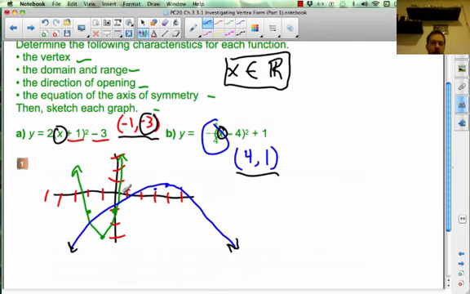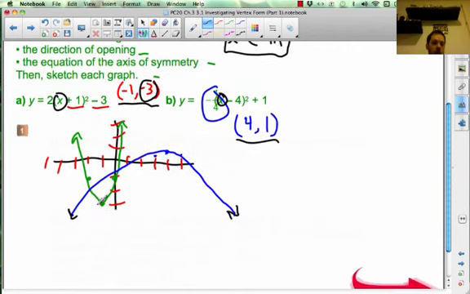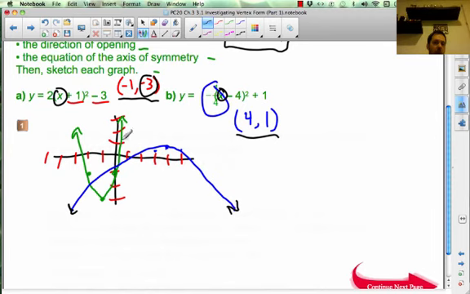So for the first function, the range is going to go up infinitely. So y will always be greater than or equal to -3. Sorry, I should have been saying -3 all along. So it starts at -3 and goes infinitely up, so it will never be less than -3. So it will be every possible value greater than -3 or equal to -3.